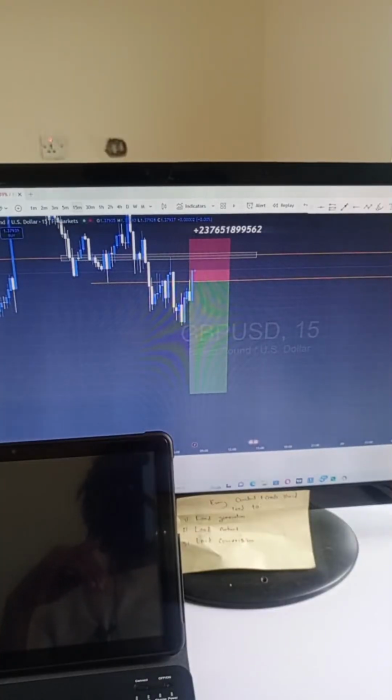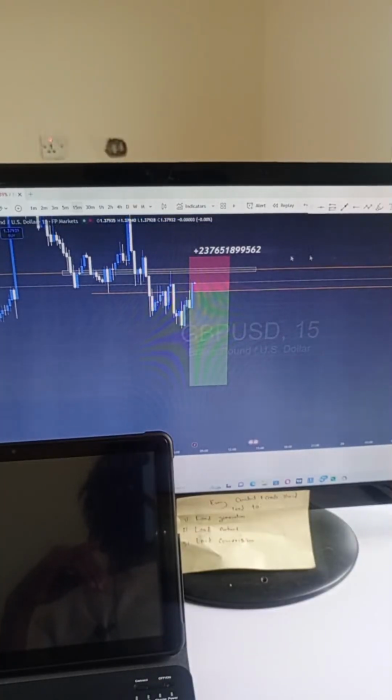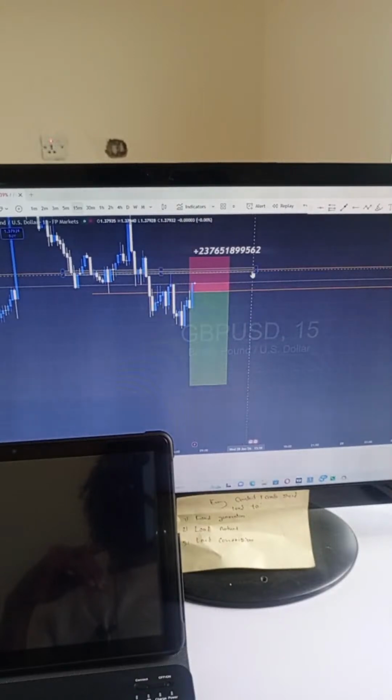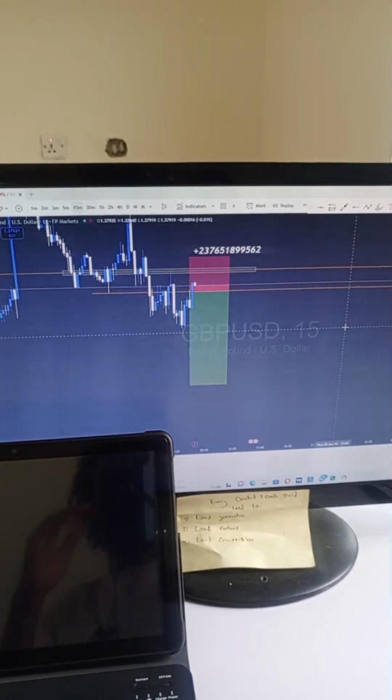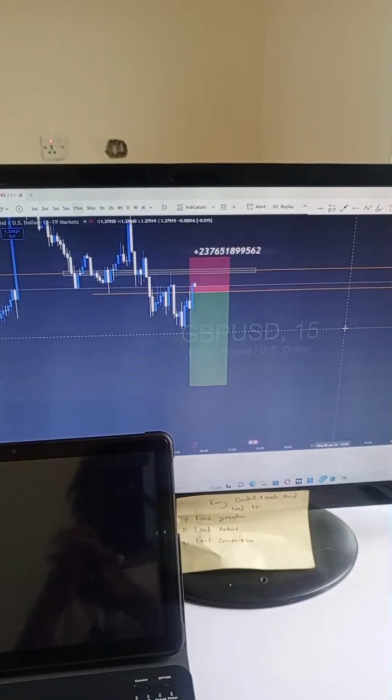So as long as we are still below this key level, we are still good. It gets dangerous when we break above this key level, okay? So do not be afraid, do not be worried. That's trading for us. So guys, feel free, you can ask your trading related questions. Let's talk about it.